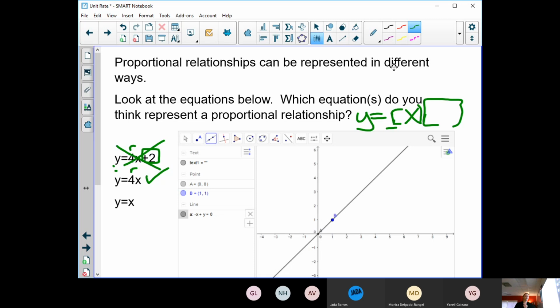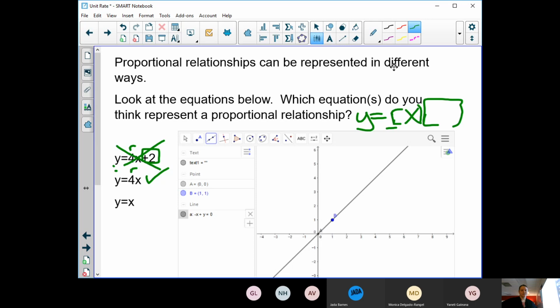Is that proportional or not proportional? Is the line on the graph proportional or not proportional?